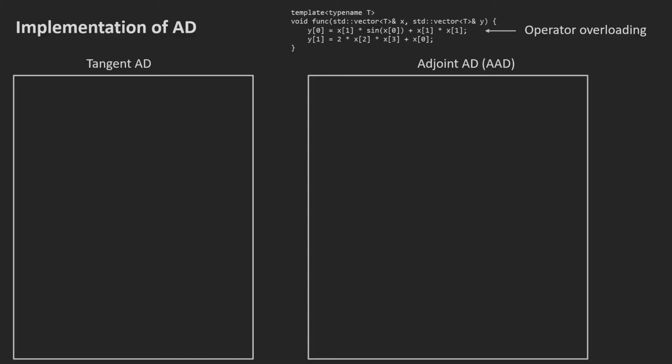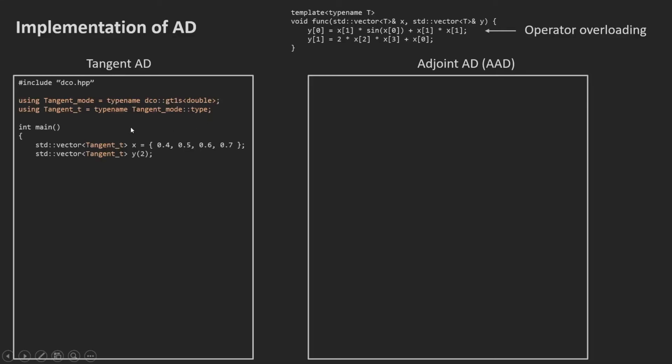To see this more clearly, we use a coding example here. We first define the new AD type under the tangent mode, and then we initialize the input and output vectors using this new AD type. The next step is the key here: we need to set the seeding.